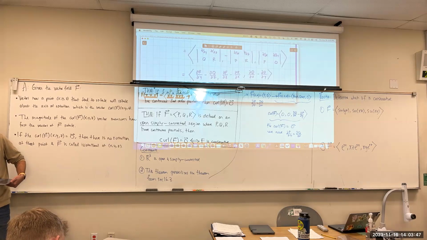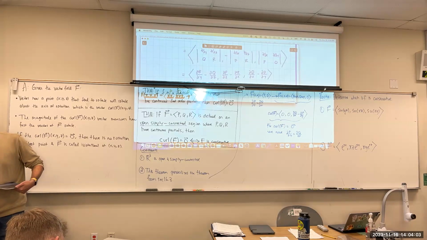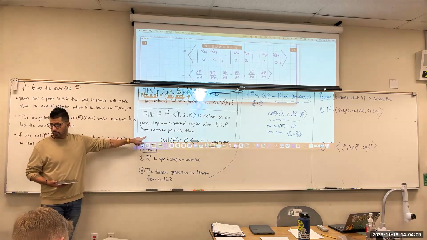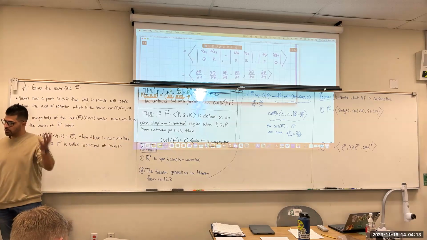Remember, the curl is 0, 0, 0, which is why the two-dimensional field works. The reason this theorem is true is because we don't want any rotation, because now we understand the curl.